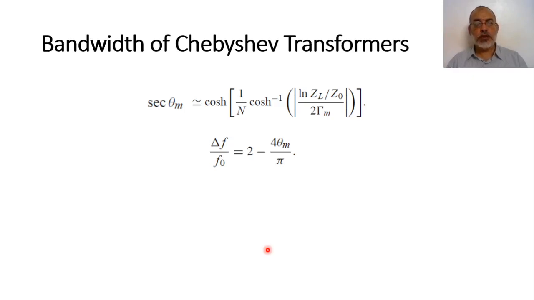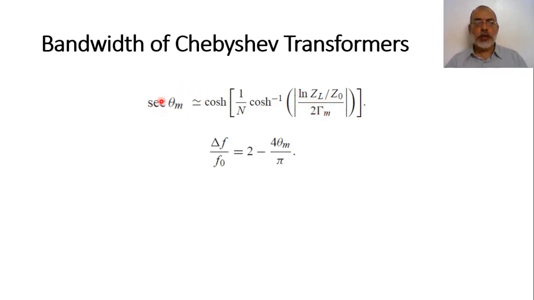The bandwidth of the Chebyshev polynomial can be obtained by solving this equation, in other words, this 1 over cosine theta maximum. So we can say theta maximum is cosine minus 1, the reciprocal of this cosine. So cosine minus 1 of 1 over n cosine minus 1 of ln z load over z naught over 2 gamma m.